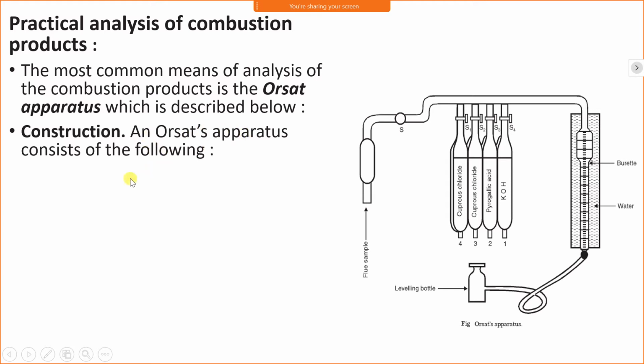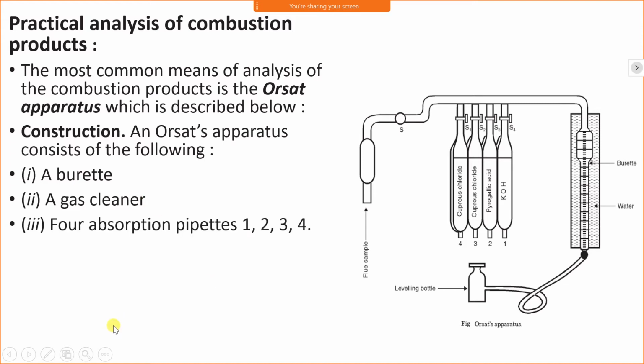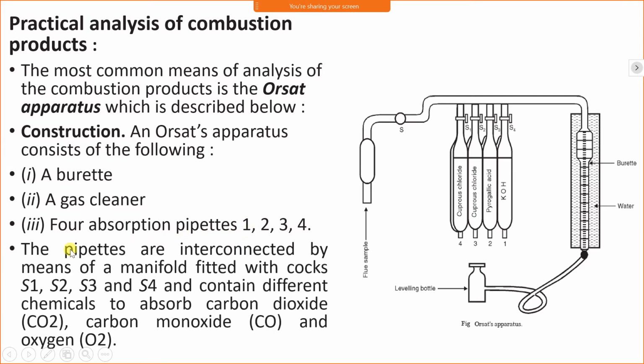The Orsat apparatus consists of a burette, a gas cleaner, and 4 absorption pipettes, that is 1, 2, 3, 4. The pipettes are interconnected by means of a manifold fitted with cocks S1, S2, S3, S4.